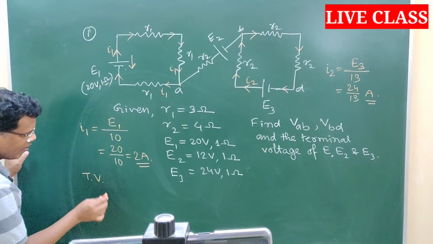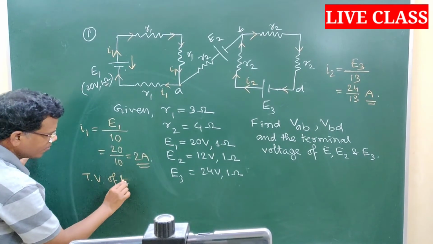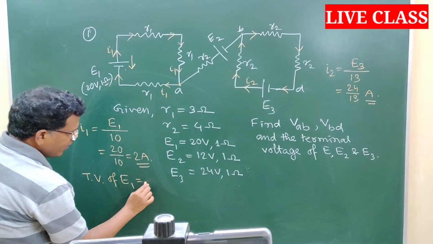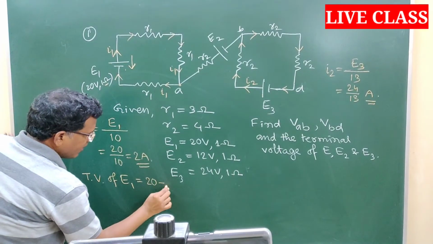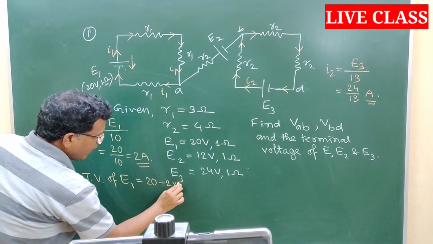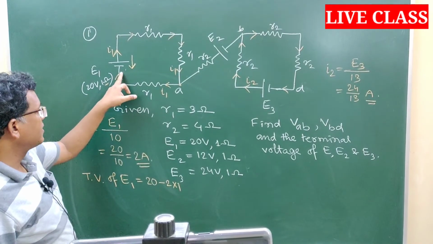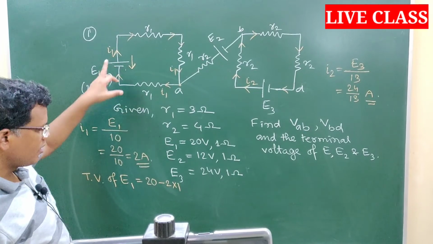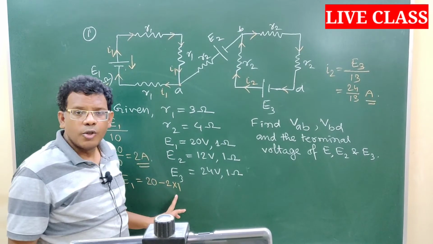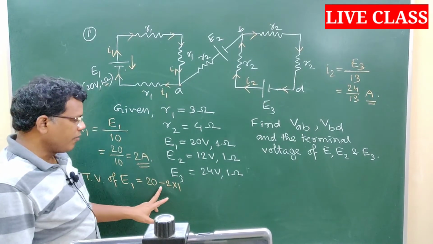So that means the terminal voltage of E1 can be written as 20 volt minus 2 into 1. Internal resistance of the battery E1 is 1 ohm and the current flowing through it is 2 ampere.